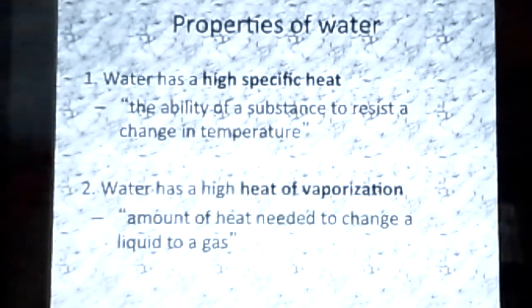In the environment, large bodies of water can absorb and store huge amounts of heat from the sun during the daytime and during the summer, but yet they only go up a few degrees. This is important because at night that heat is released, and so the night air is warmed.